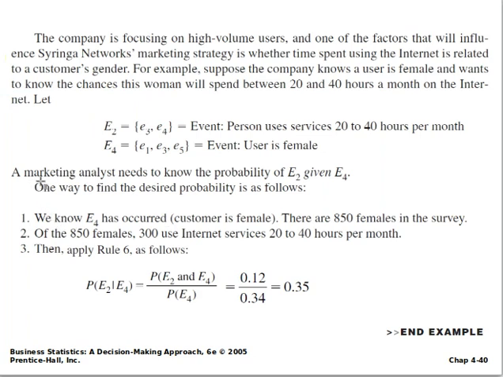A marketing analyst needs to know the probability of E2 given E4. One way to find the desired probability is as follows. 1. We know E4 has occurred because it is a given. The customer is female.